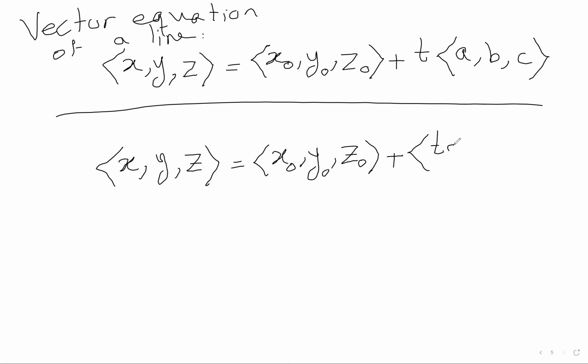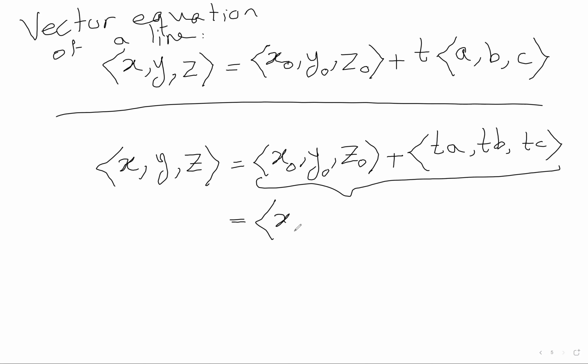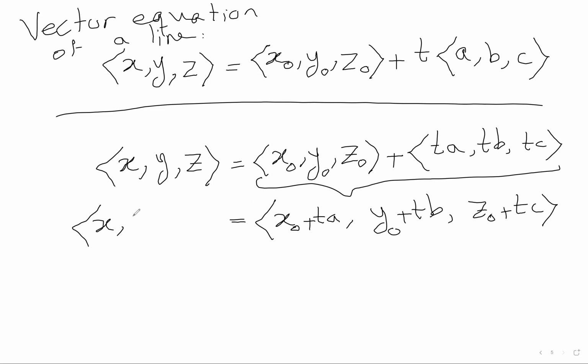It's going to be ta, tb, and tc. And now I can combine these two: the first coordinate added to the first coordinate, x0 plus ta, comma, y0 plus tb, comma, z0 plus tc. This is equal to x, y, z.